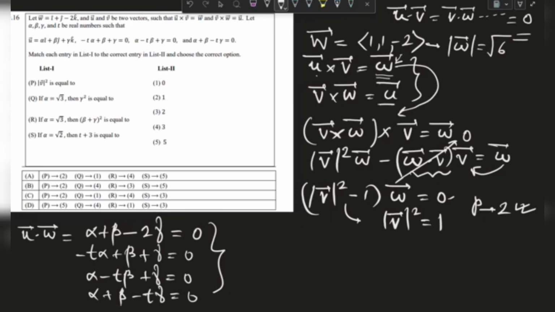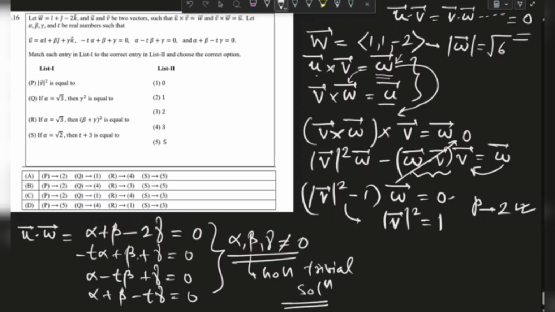Also if we take mods on both sides, u can't be 0 at all. So alpha, beta, gamma have to be non-zero numbers. So this is a system of equations where we have to find a non-trivial solution. That's what this question demands from you.